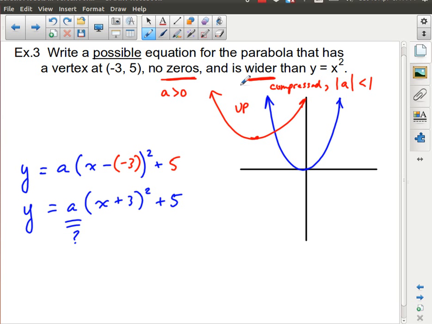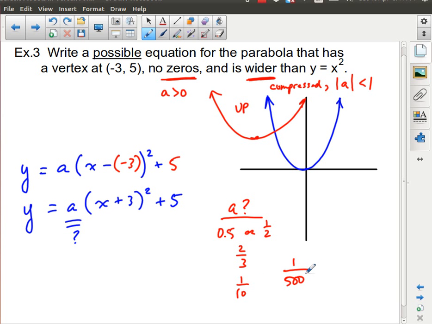So how do I combine these things together? What are some possible values of a? A could be equal to, what would make sense? A positive number that's less than 1. Well, one that we've used many times is 0.5 or a half. But we could also do things like 2/3 or 1/10 or 1/500.